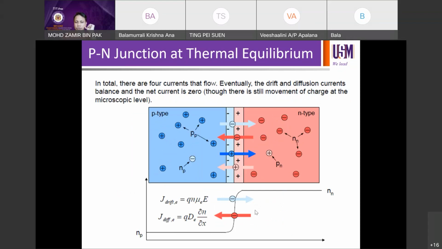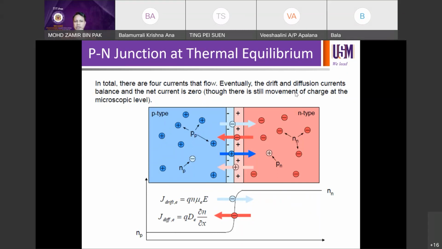And the same thing goes for the electron as well. So in total, there are 4 currents that flow. You're going to have 2 contributions from holes, diffusion and drift, and another 2 contributions from electrons, diffusion and drift. So 4 currents flow in total.